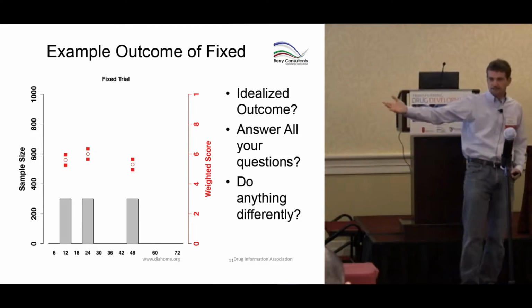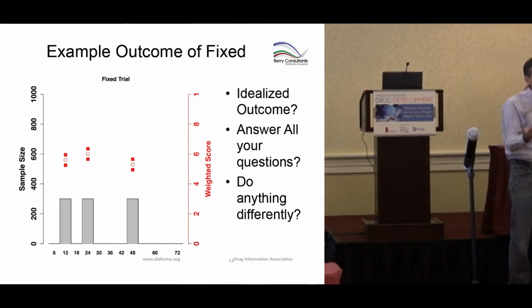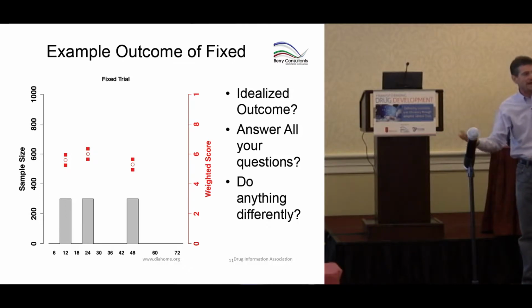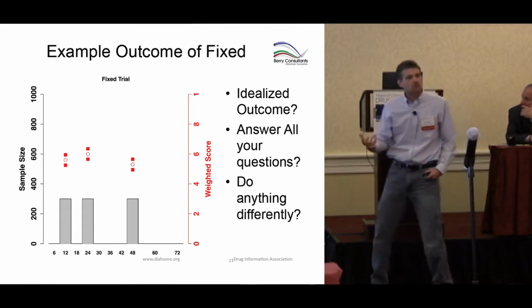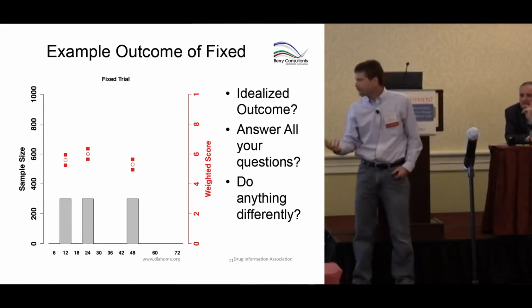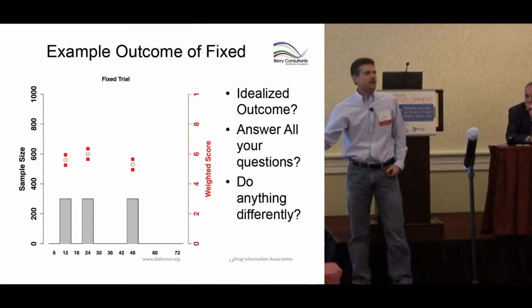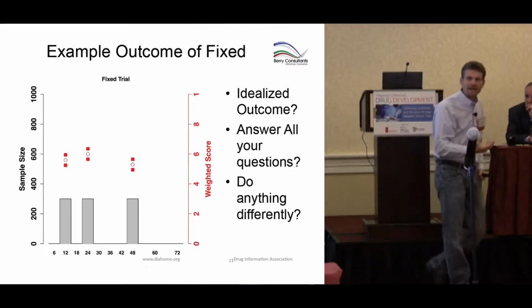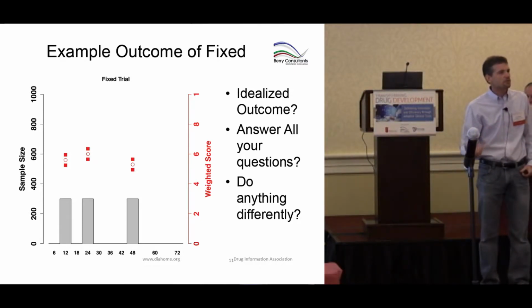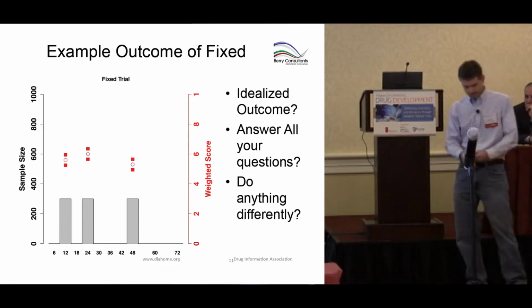Is it flat? Is the duration response curve flat, and does this answer the question? It's not clear from this trial. So if this were the resulting trial, does it get FDA approval? Does it change clinical practice? Or are we stuck in a similar state of nature after this trial?